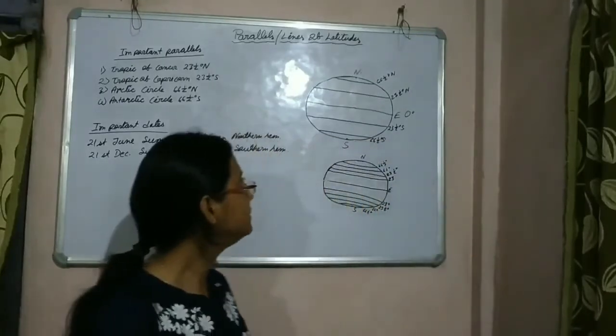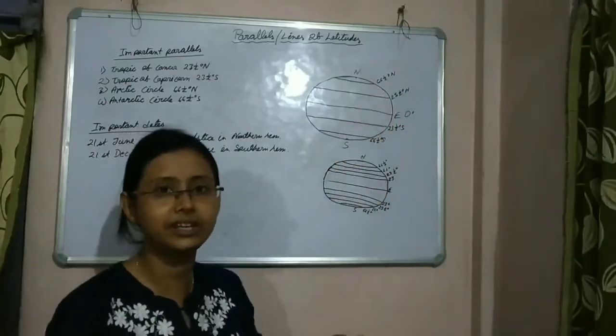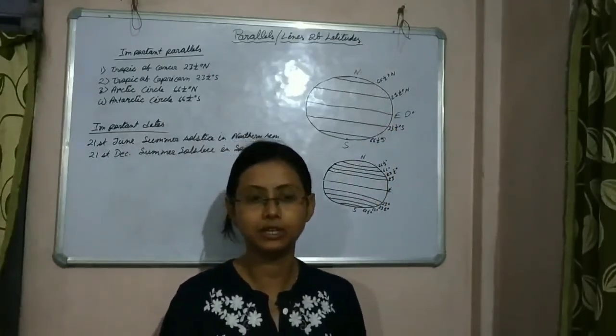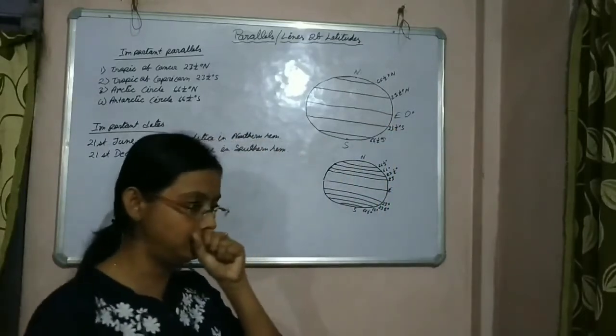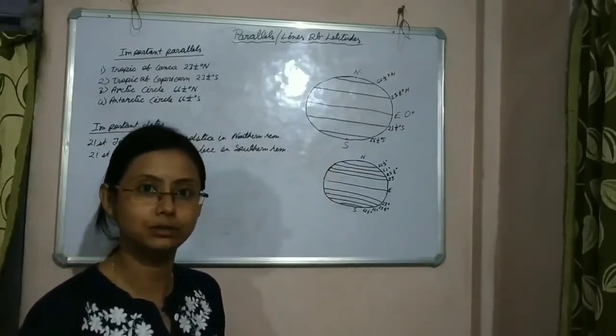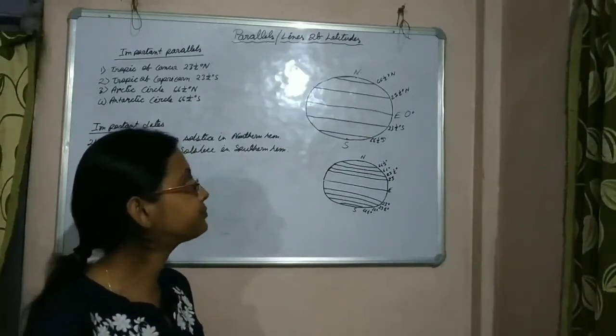Then why these extra parallels: 23 and a half degree N, 23 and a half degree S, 66 and a half degree N, 66 and a half degree S? What was the need of these parallels? Why have these been drawn? Now let's find out the answer to this question.